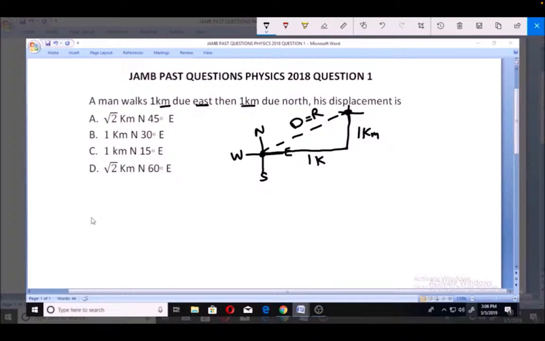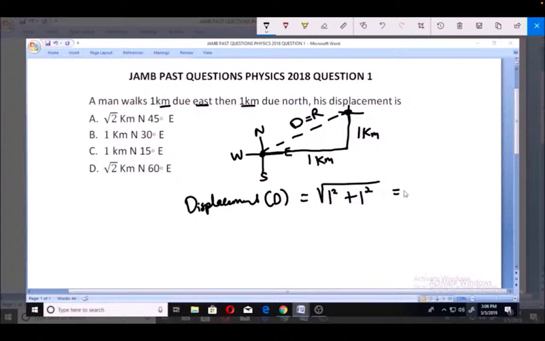So how do we find this D? Now this D, which we also call displacement, we can also call it R, is equal to, if you are given a right-angled triangle like this, and you're given these two sides, and you want to find this side, you can simply say that this side is equal to the root of what you have here squared, which is 1 squared, plus what we have here squared, which is another 1 squared.